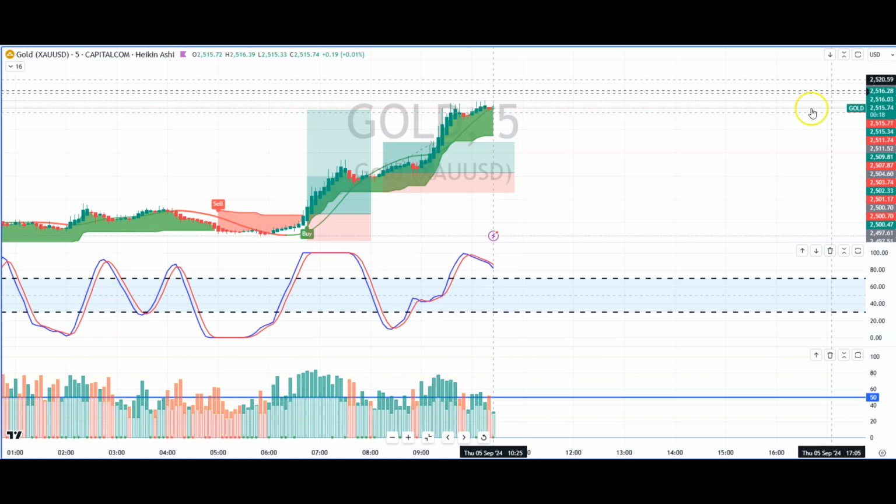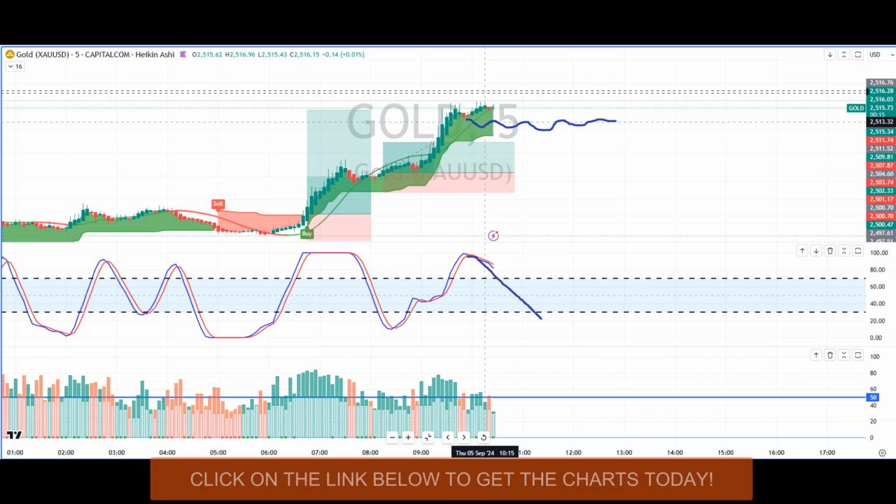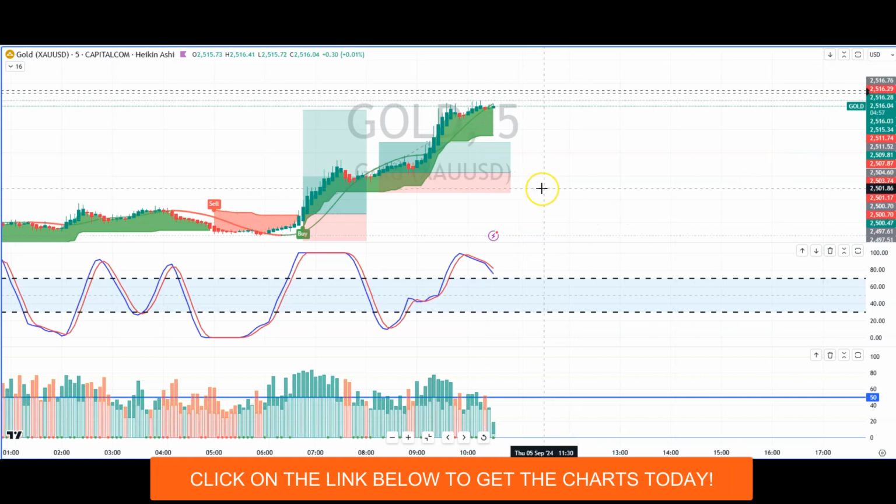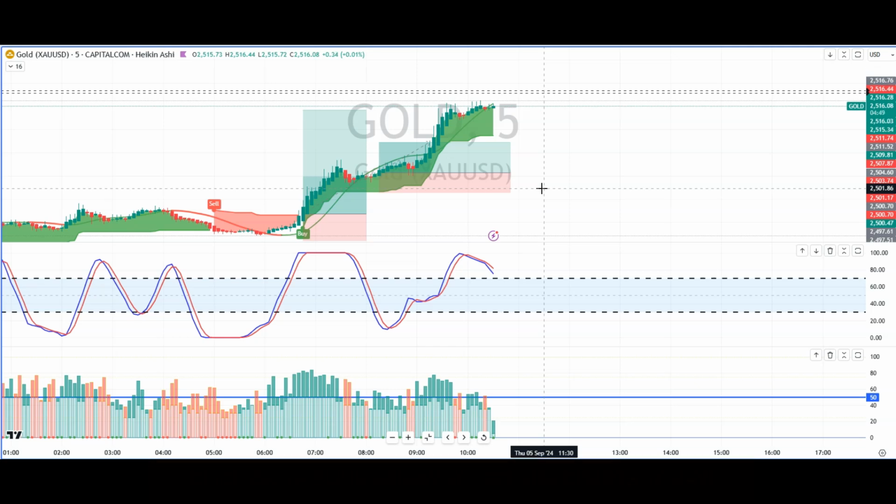However, if the price does stay within this area here, and the oscillator comes down to here, then you can obviously trade it with a 30 pip stop and a 50 pip target. Again, these are not adding up to the number of pips that you're making, but it's adding up to the money that's actually going into your account over and over again.